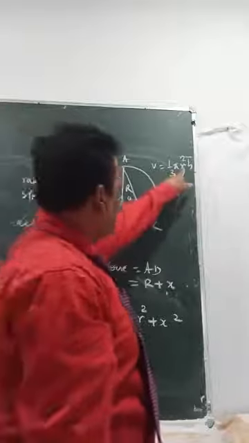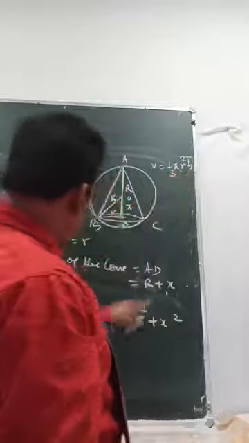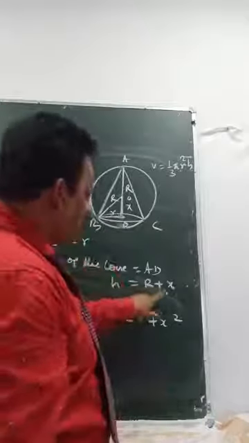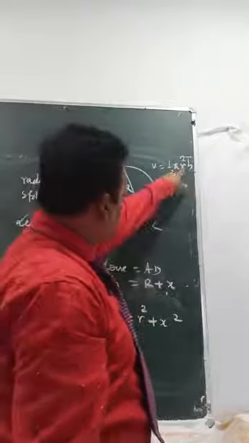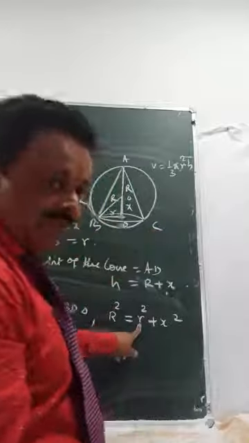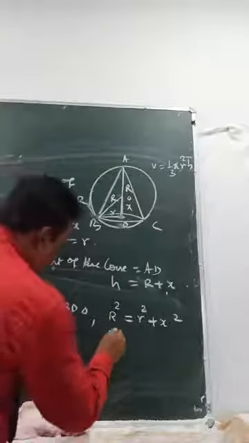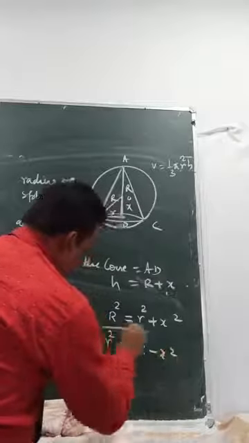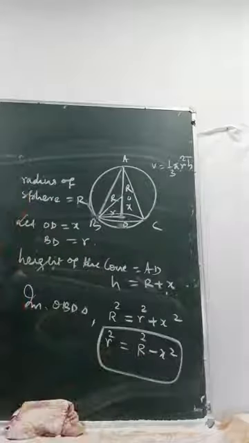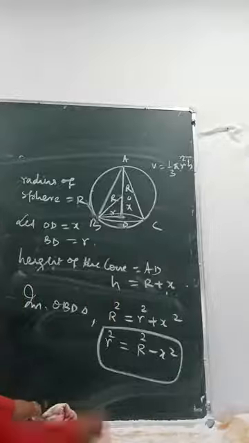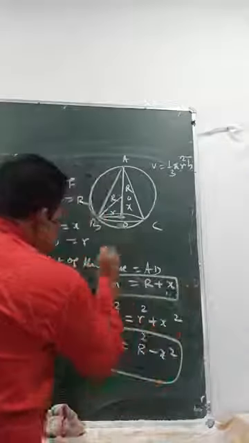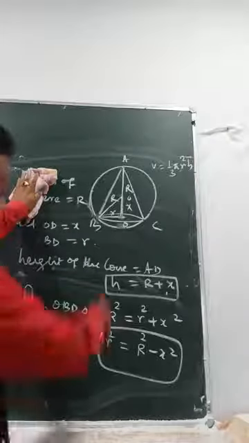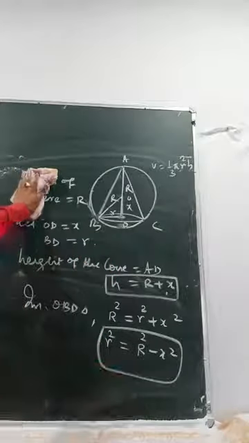Two variables r square and h. H I have got. This is your h. R plus x. Let's find out r square. R square you can find out from here. Small r square equals to capital R square minus x square. Keep it in the box now. Okay. Now this also keep in the box. We need this. So let me go back, I draw this because already I have given the data here.